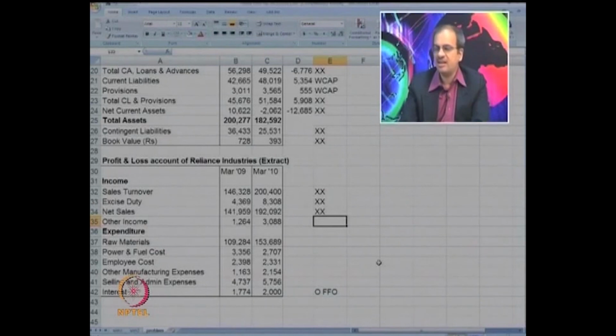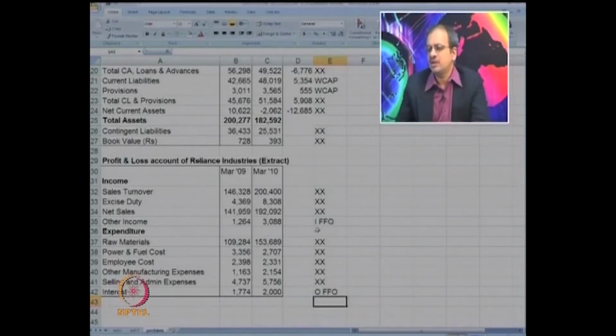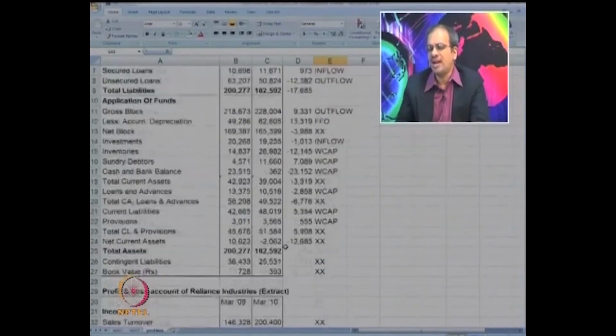We should consider, it is an inflow, money is coming in by way of interest, etc., and it will also have an impact on FFO. Raw material ignore, power ignore, employee cost, other manufacturing, selling we all ignore. But interest, since it is a cost, interest paid, I will have to mark it as O. O here means outflow, and it will also have an impact on FFO. So, here we have tried to mark all the items.